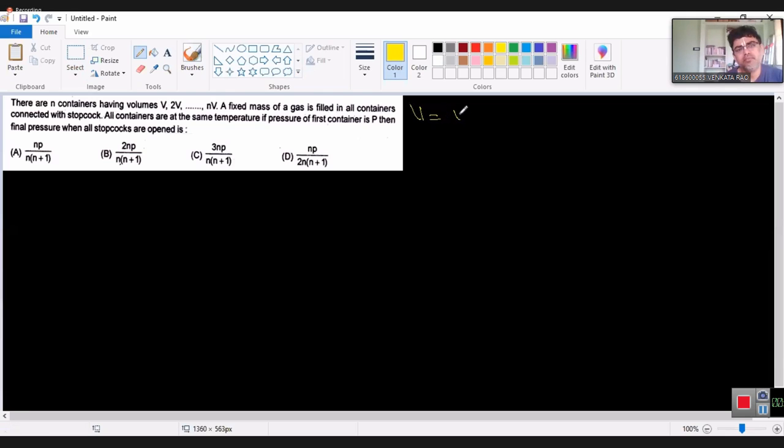It is n into n plus 1 by 2 into V. What is this? Total volume when the stopcock is open. Okay, very good.